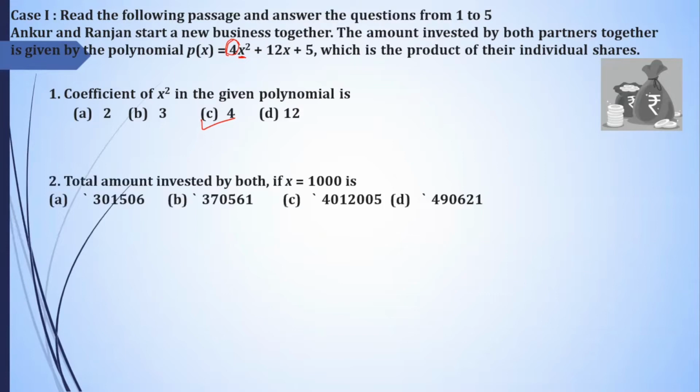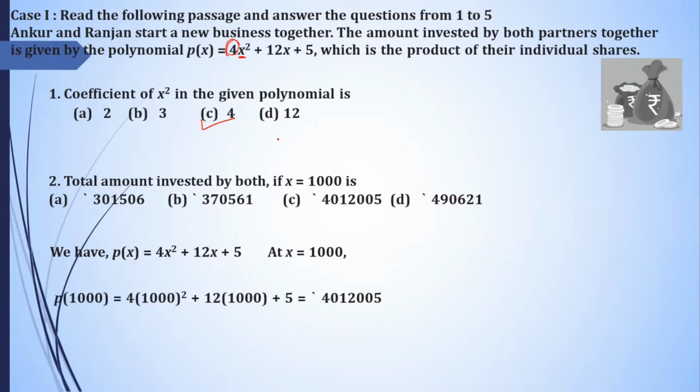The next question is the total amount invested by both, if x is 1000. So here what we need to do is, in the given polynomial, we'll substitute the value of x as 1000. So we have p of x is equal to 4x square plus 12x plus 5. At x is equal to 1000, we'll be putting the values.